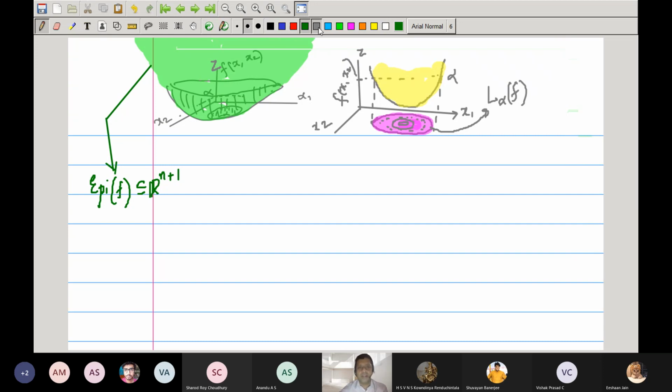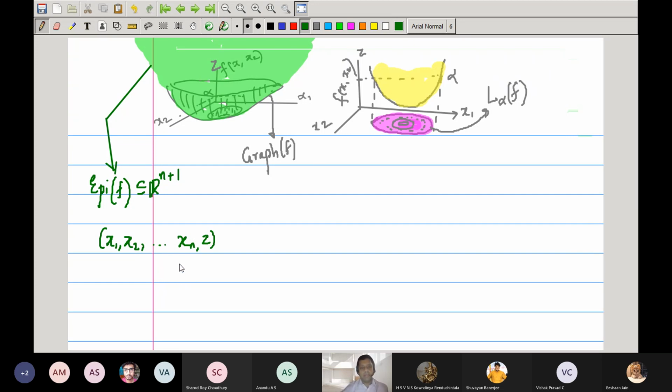And this curve in gray is called the graph of function f. And what I want to point out is that if you have these points x1, x2, ..., xn, comma z. Z is the function value. This is the z axis you can see here.